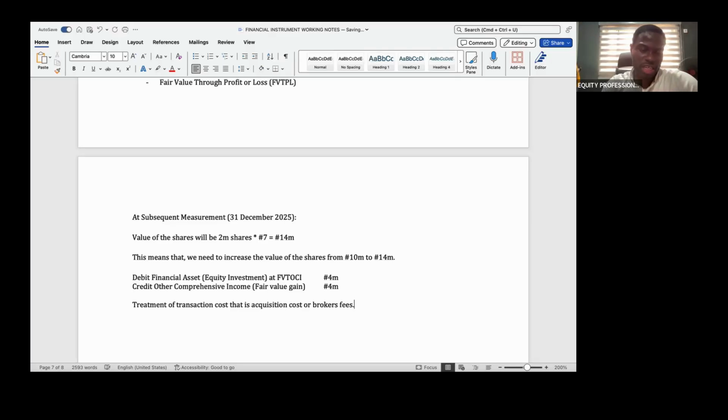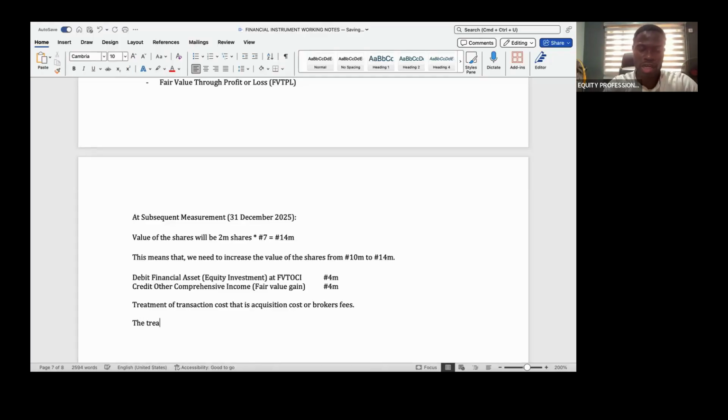You know that when you buy shares, you would usually use a stockbroker to acquire those shares. So Otedola will probably have used his broker. And there are a lot of charges that come with those. They will get commission, it could be stamp duty charge, it could be the stock exchange charge. There are a lot of charges that come with buying and selling shares. So if those charges are present, how do you treat those charges?